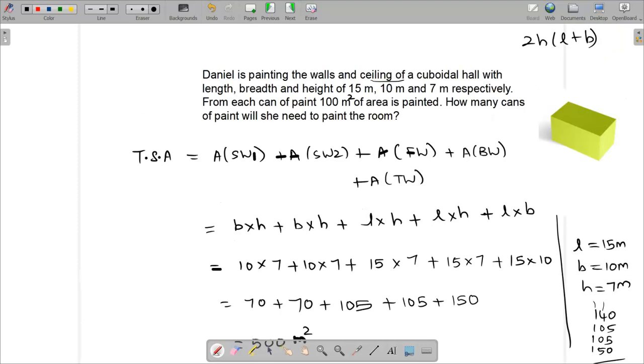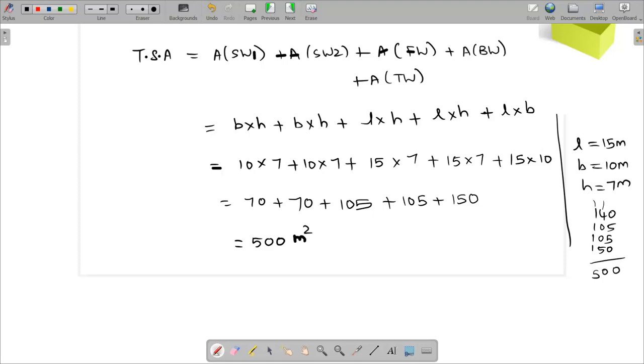And then coming to the question, what they are asking is how many cans of paint will she need to paint the room, if each can is able to paint 100 meter square. So total surface area is 500 meter square, but each can can paint only 100 meter square. We need to find out the number of cans.